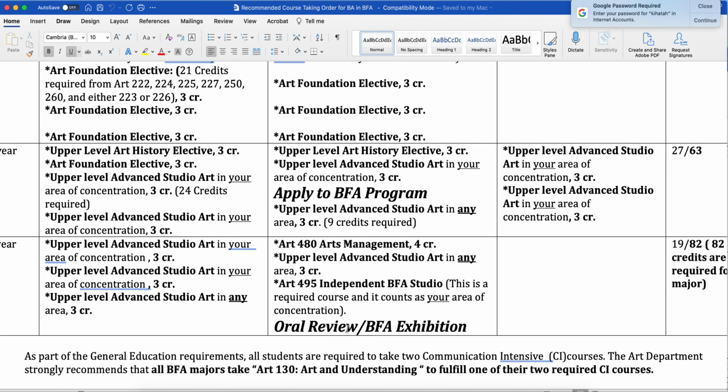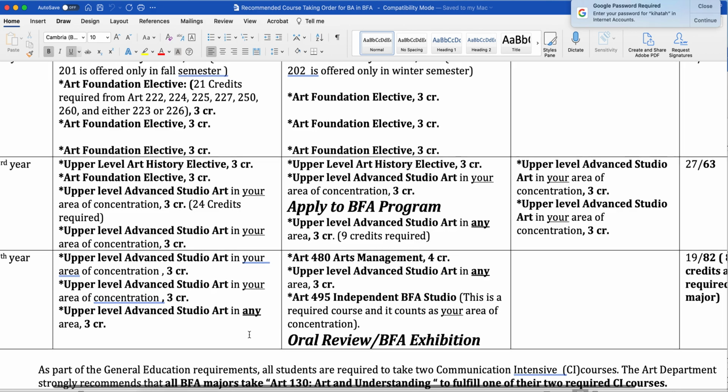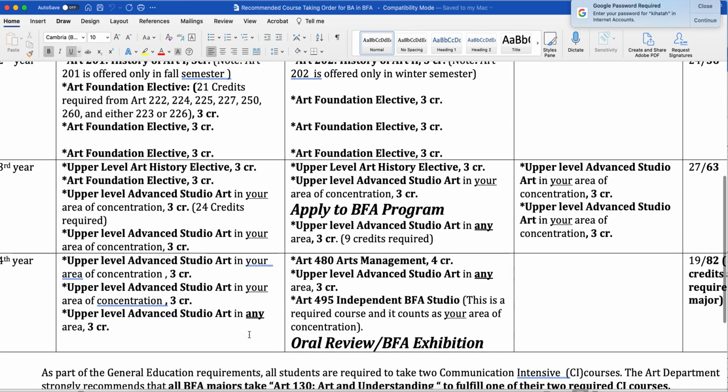It tells you how many courses you have to take in all that. It's 33 credits of upper level. That's 11 courses of upper level studio courses. And out of those 33 credits, 24 must be in your area of concentration.